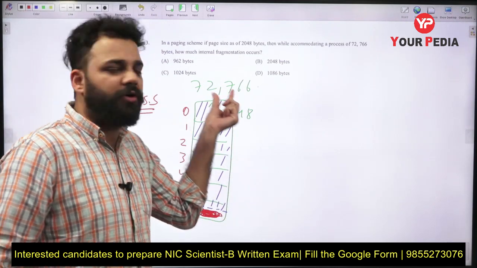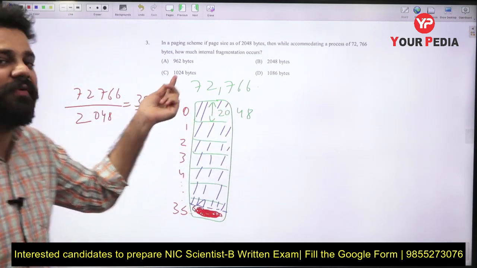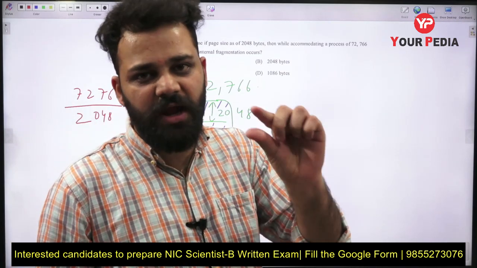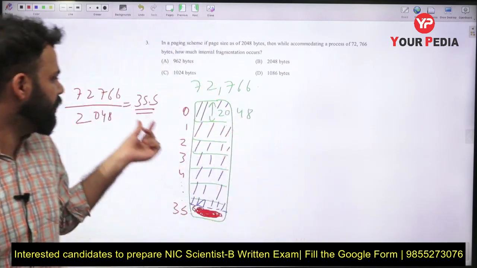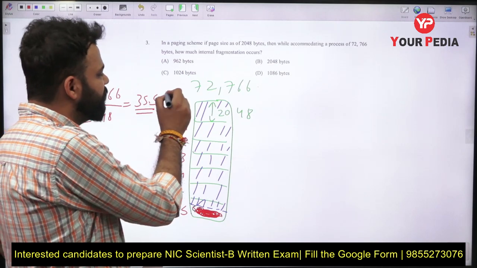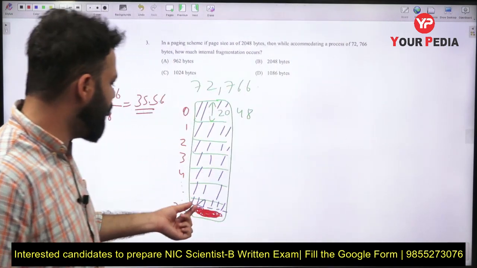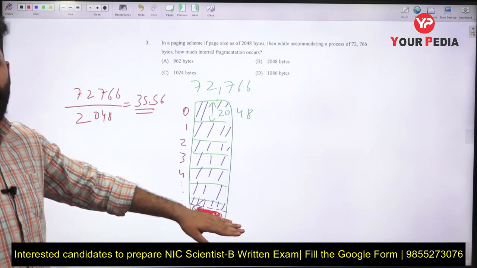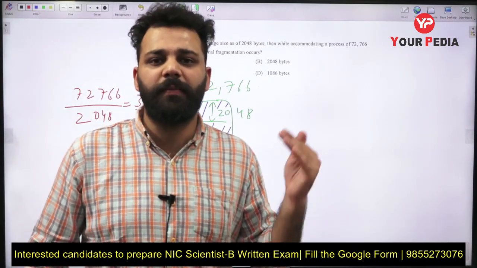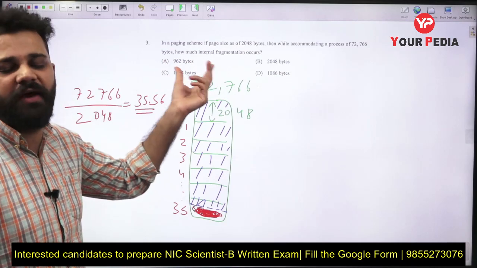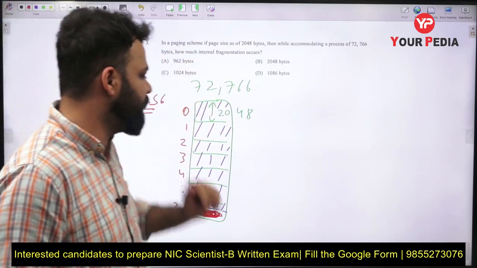Now in order to accommodate this, 35.5 pages are needed, but you cannot give half a page, so this space will be wasted. This is what we have to calculate, the internal fragmentation.